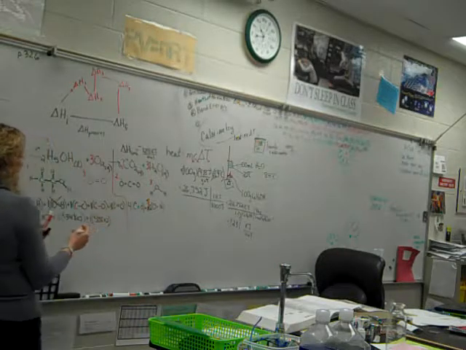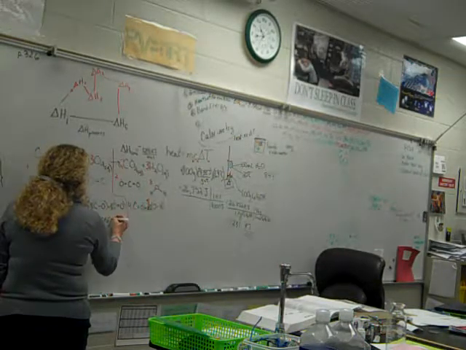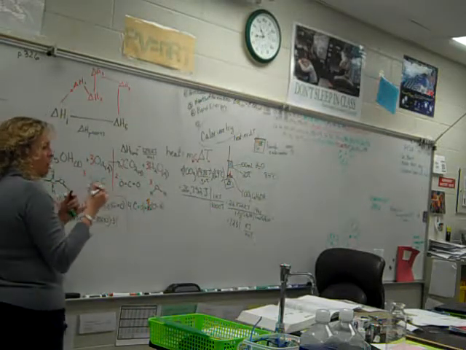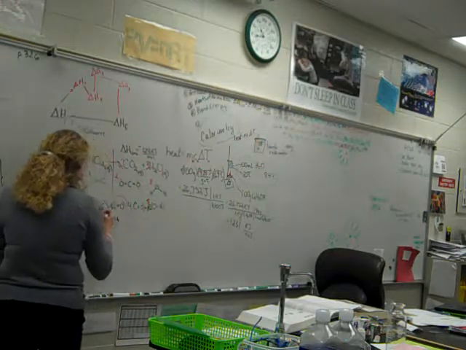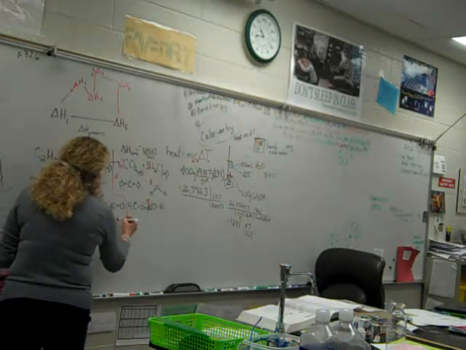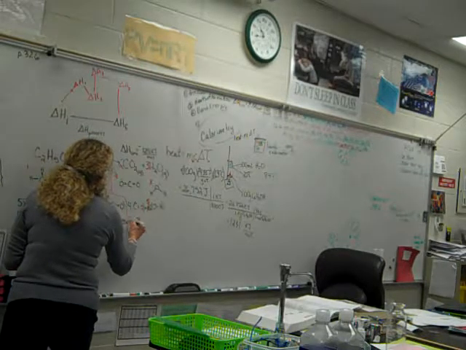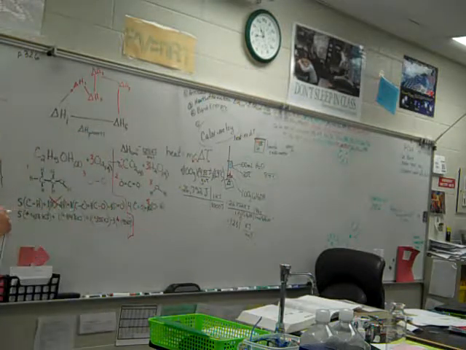And last but not least, the O double bond O. 495. And if you notice on your chart, they choose to not write O double bond O, they write O2, don't they? O double bond O acts differently in other settings, okay? So it's 495. Okay, so those are our reactant bonds.